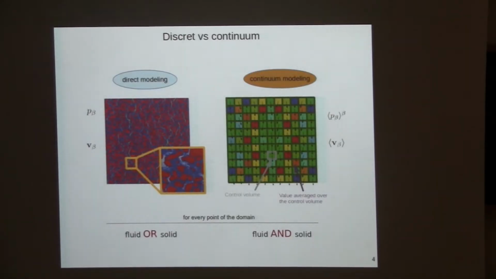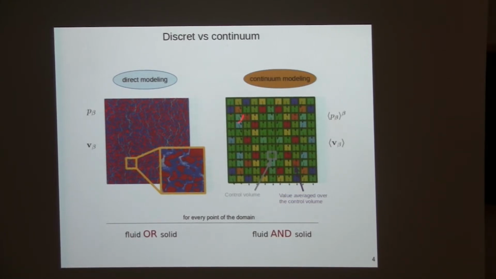So in the continuum mechanics framework, basically we have two different approaches to model flow and transport in porous media. One of them I call continuum modeling, but here it's not continuum in the sense of continuum mechanics, but really continuum in the sense of fluid-solid aggregates. So we have a continuum of fluid and solid.